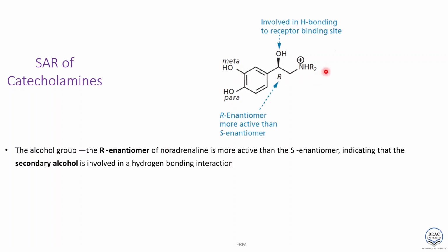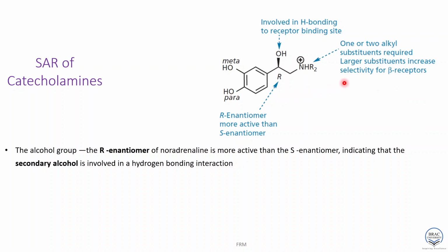This hydroxyl group is involved in hydrogen bonding to the receptor. So this one is very crucial. And this R enantiomer, because of this hydroxyl group, is more active than the S enantiomer of the catecholamines.